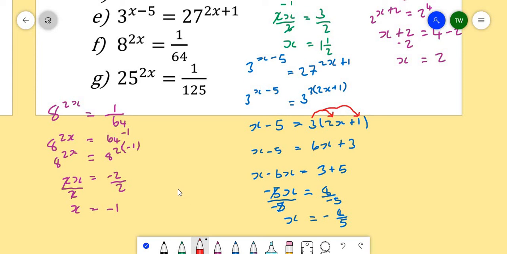So our final example here, we have 25 raised to the power of 2x, and this is equal to 1 all over 125.